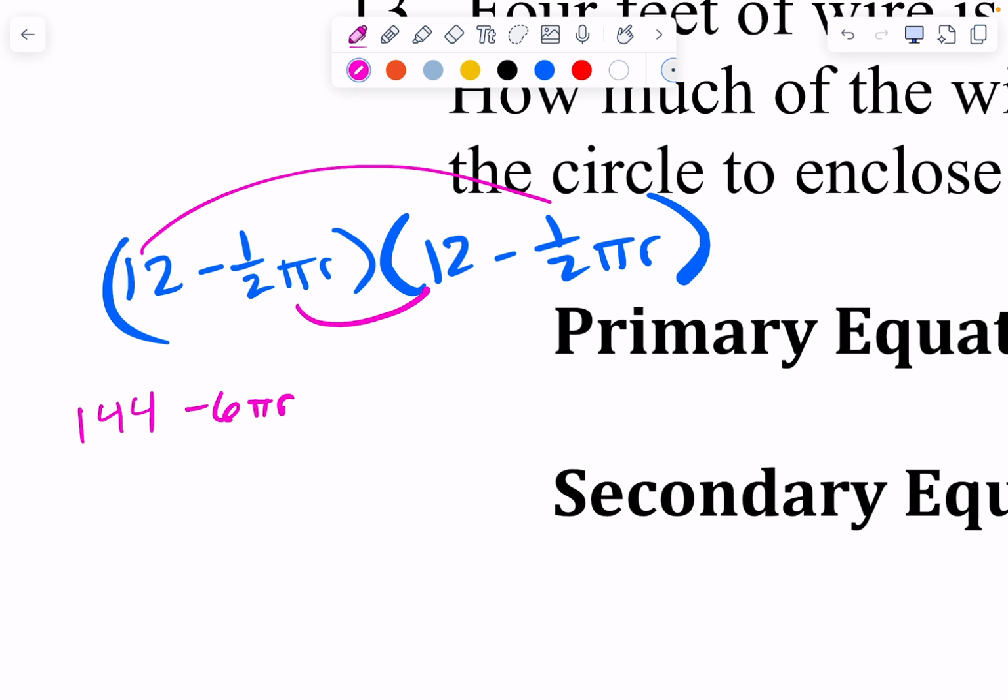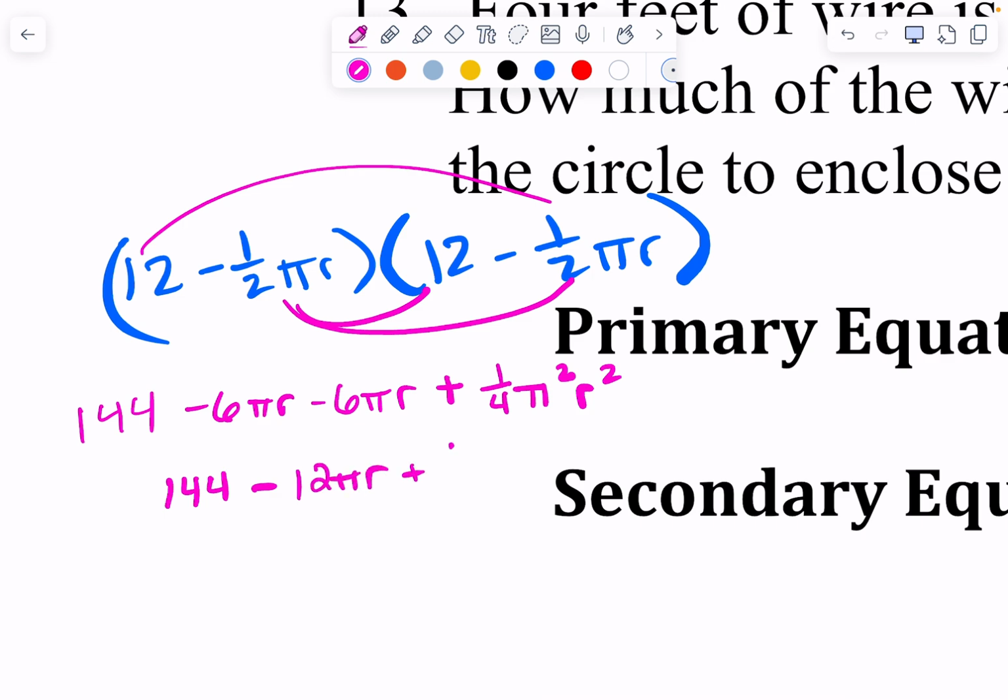But then I have another negative 6 pi r. Plus 1/2 times 1/2 is 1/4 pi squared r squared. Yeah, that's what he is. So he is 144 minus 12 pi r plus 1/4 pi squared r squared.